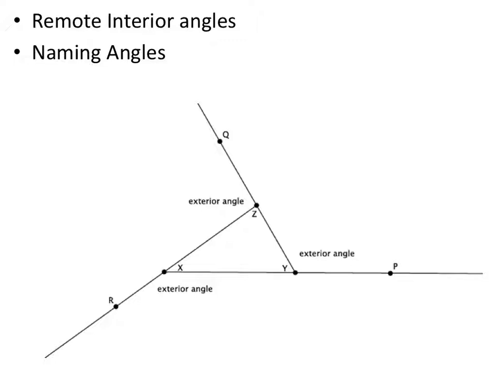So this angle, which we could name angle ZYP, would be naming these angles, which we talked about in the last lesson. Remote interior angles are always related to one exterior angle, but they happen in pairs.